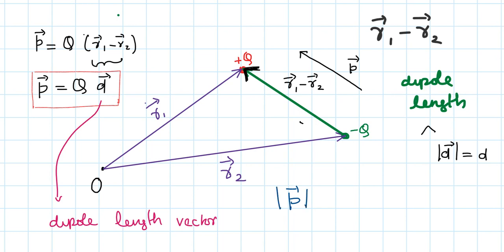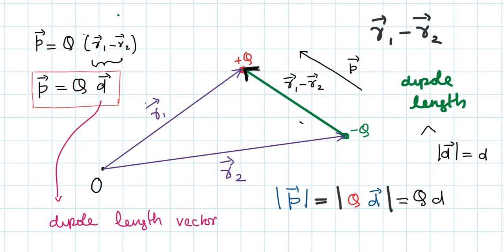The magnitude of the dipole moment will be nothing but the magnitude of the charge times the magnitude of the dipole length vector, which is nothing but charge times the separation d.